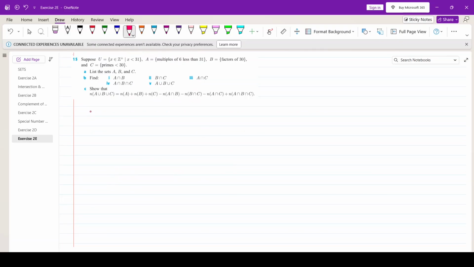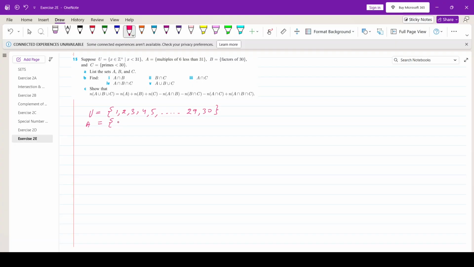Suppose universal set Q is a set of all positive integers less than 31. Therefore, U will be 1, 2, 3, 4, 5, and so on till 29 and 30. Similarly, A is a set of multiples of 6 less than 31.